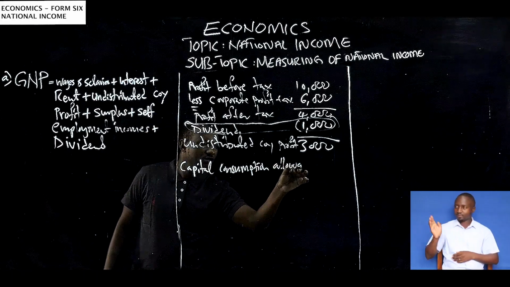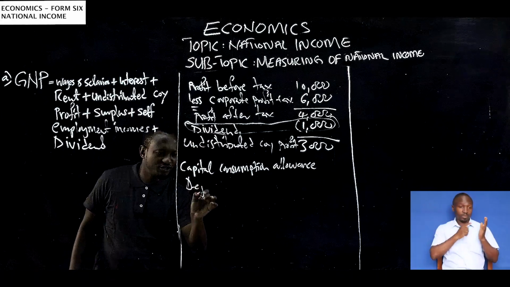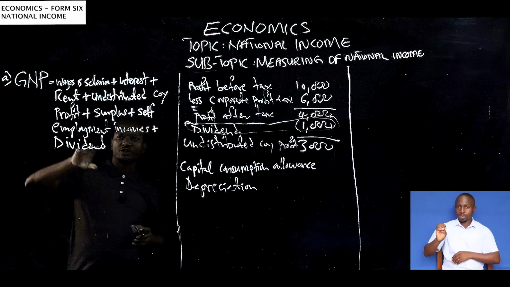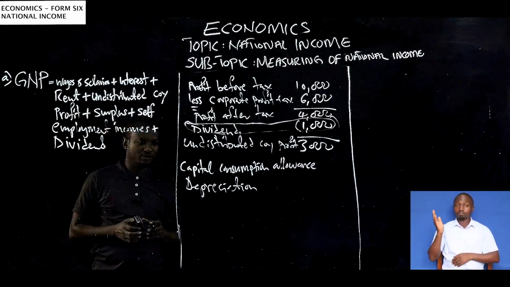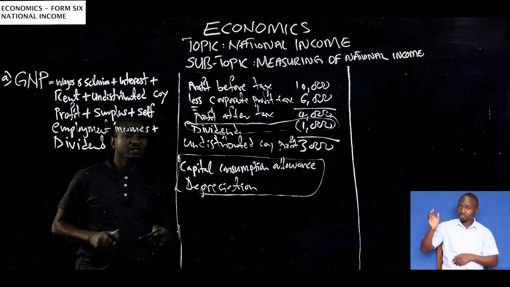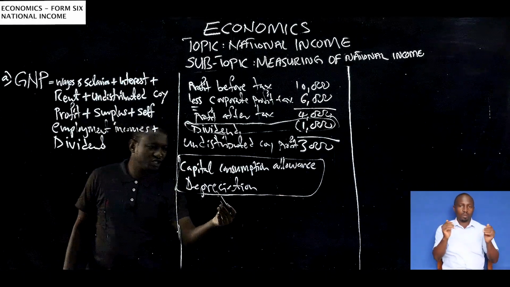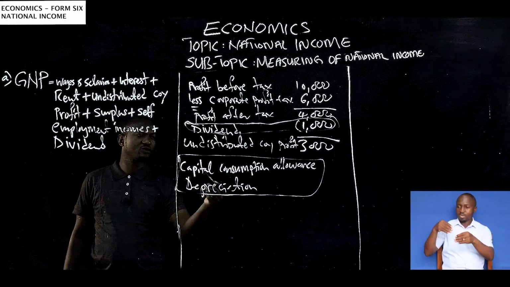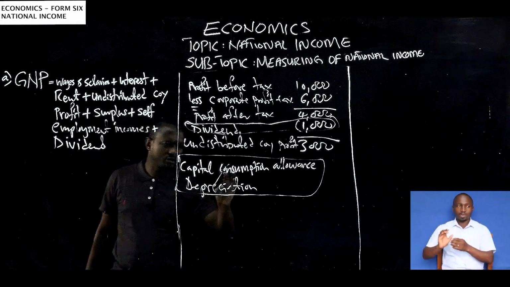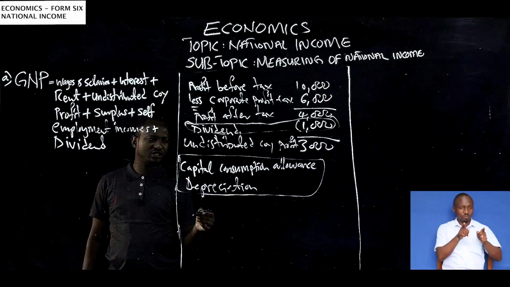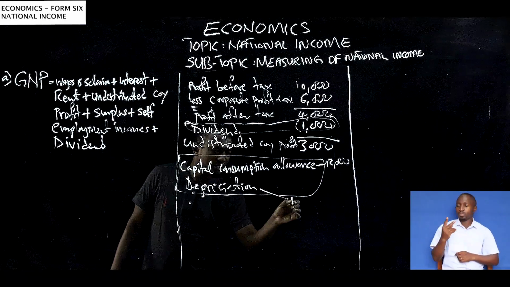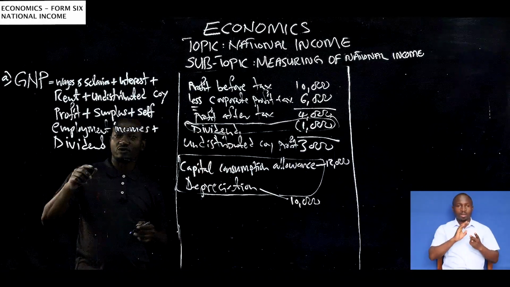Here, when you compute GNP through the income method, these items sometimes mean the same. Depreciation may be capital consumption allowance and capital consumption may be depreciation. But according to this question, we have both capital consumption allowance and depreciation with different figures. This is 12,000. This is 10,000. So our treatment will be like this.